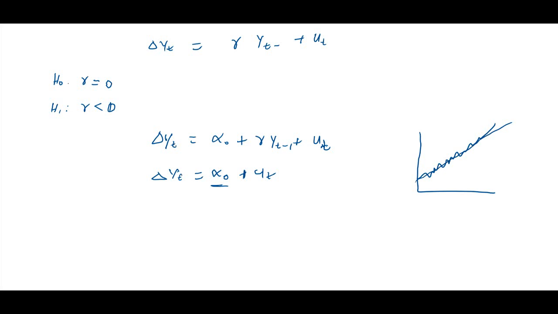Now, what happens when we put alpha naught equal to 0? When alpha naught is equal to 0, then in that case, the change in yt equals a random variation ut.